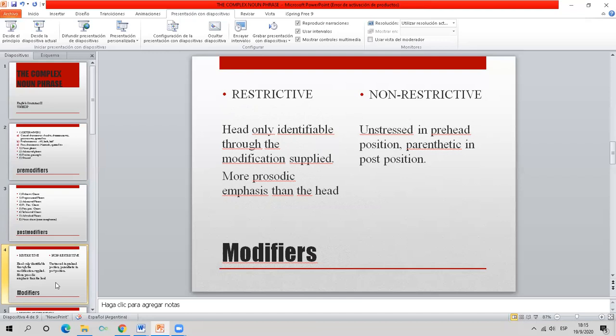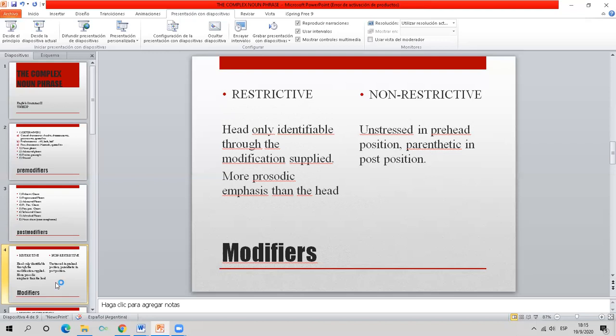Let's read the definition for a restrictive modifier. In that case, the head is only identifiable through the modifications applied. More prosodic emphasis than the head. In the case of non-restrictive modifiers, they appear unstressed in pre-head position, and they are parenthetic in post position.